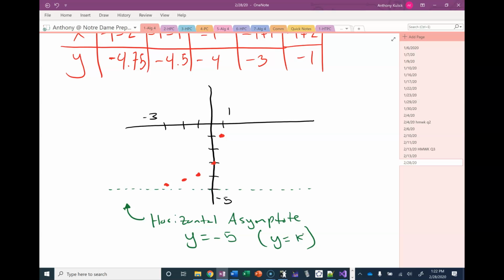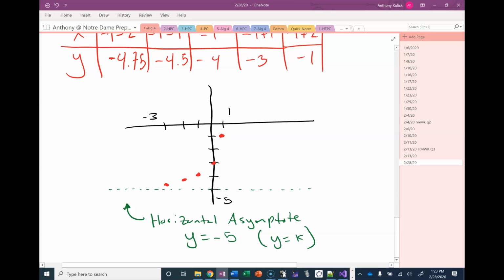So which end of my graph appears to be approaching the asymptote? The right end or the left end? It's like down here, it's getting really close, right? You guys agree with that?